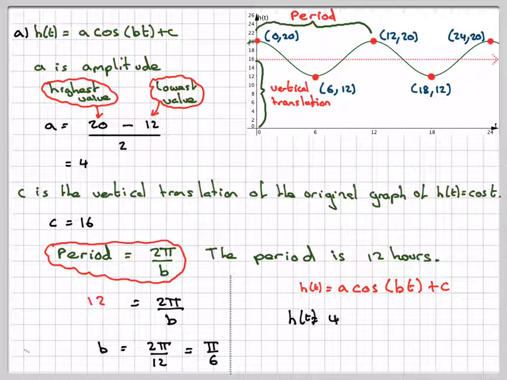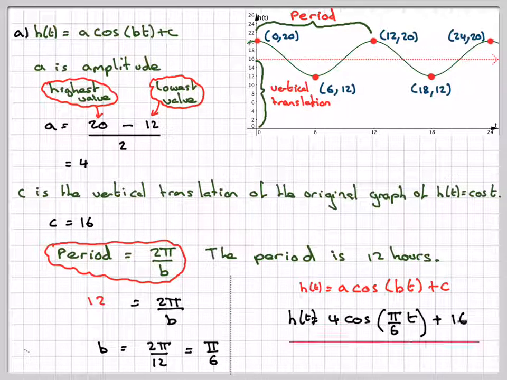So my equation will be h(t) = 4 cos(pi/6 t) + 16.